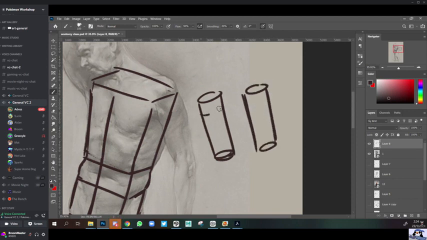If I draw it like this and like this, it looks very different because one is moving towards the camera and one is moving away from the camera. So this is where contour lines will also help. Contour lines help a lot in foreshortening, but it doesn't have to be foreshortened for you to use contour lines. You can use contour lines anywhere.